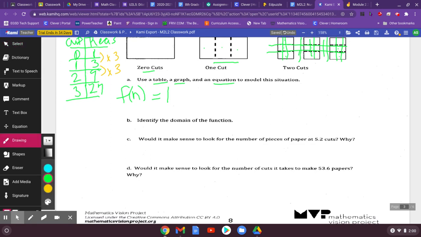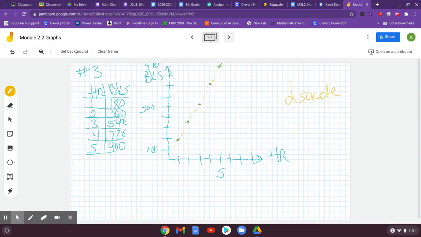Okay, so 1 times 3 to the n, because if I plug in 1, the first is 3, I get an answer of 3. Or you could just put f of n equals 3^n, because anything times 1 is itself. Okay, let's jump over and do our graph.